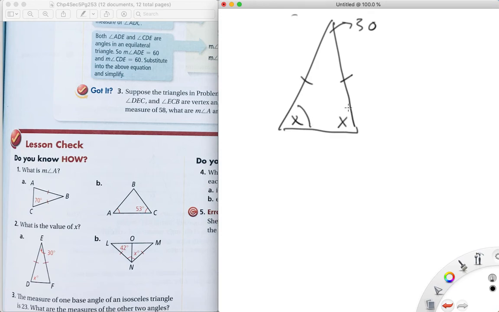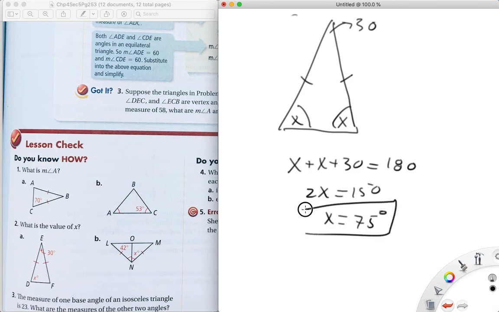They're the same. So I can say x plus x plus 30 equals 180. I can combine like terms, 2x, and subtract 30 from both sides. X equals 75. Same thing for this guy here.